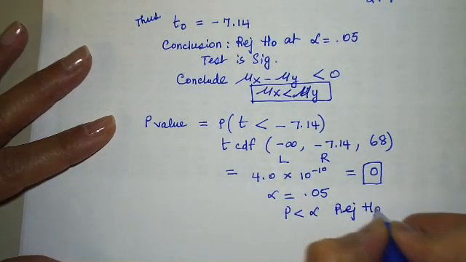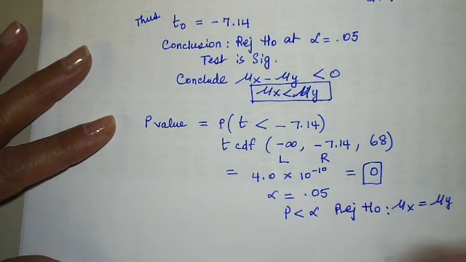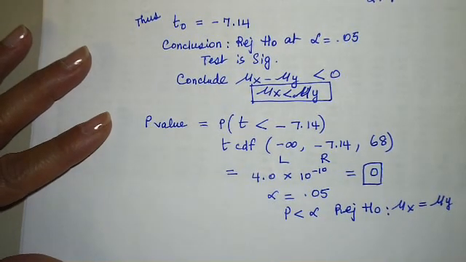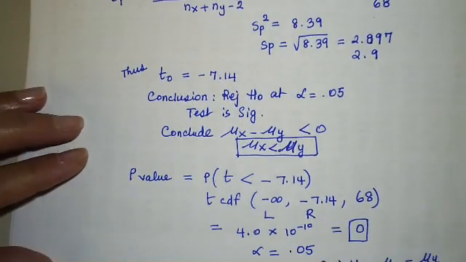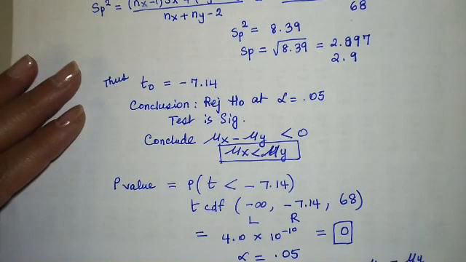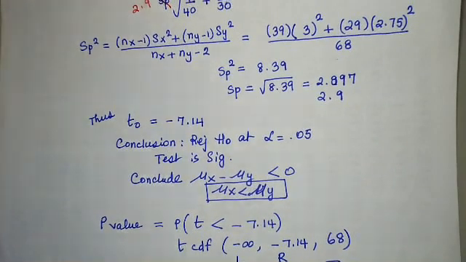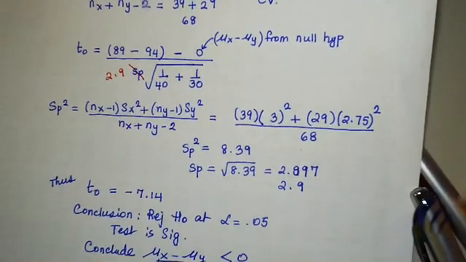I got, rounded, 4.0 times 10 to the negative 10th. So it's pretty much 0. P-value is 0. Alpha is equal to 0.05. P less than alpha. Reject H naught, which said that mu x equals mu y. Follow me?